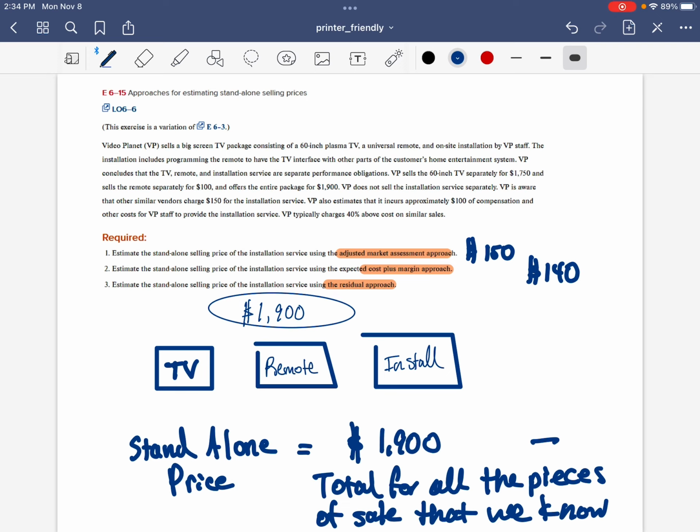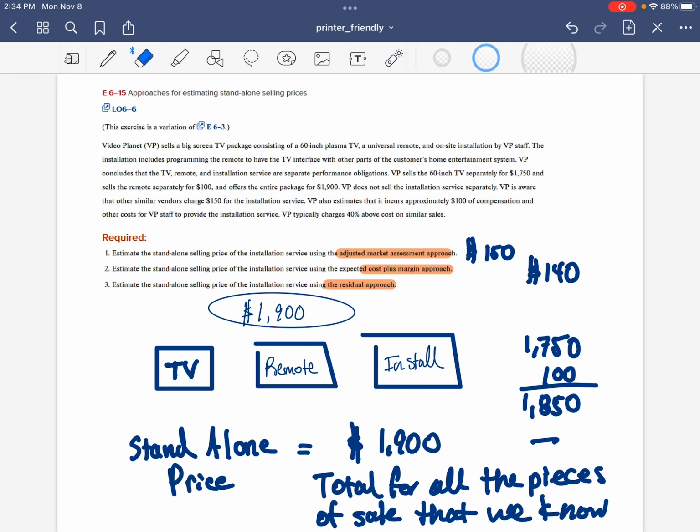The TV is $1,750 when it sells alone, and the remote is $100 when it sells alone. So $1,750 plus $100 means we know the standalone selling prices for $1,850 of this $1,900 total.